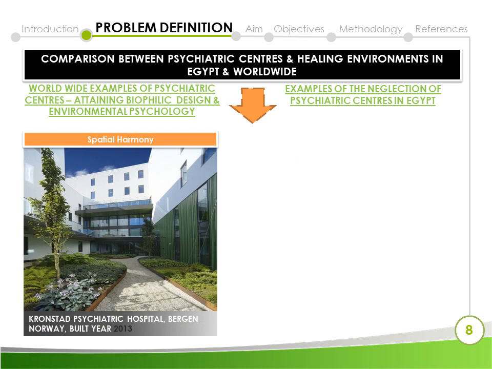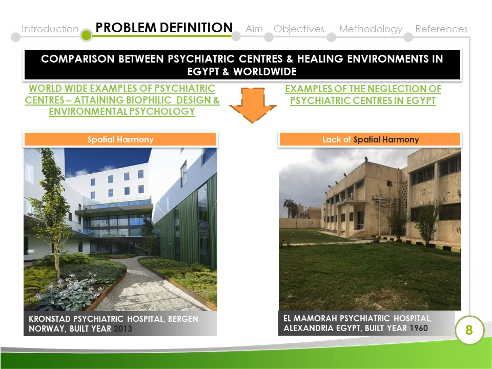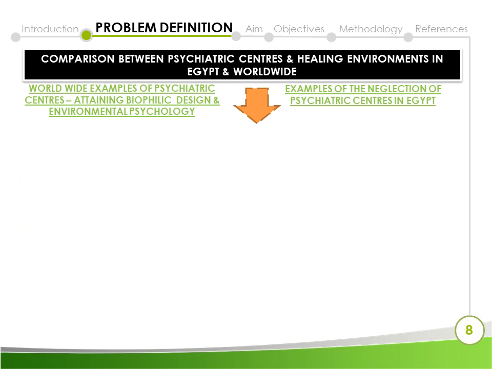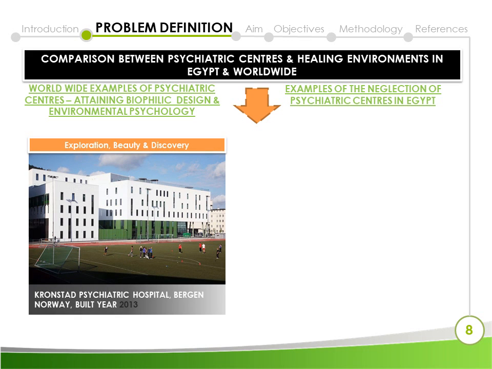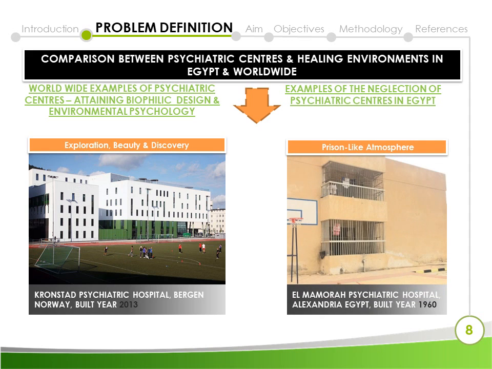It also shows here the spatial harmony within courtyards in the Kronstadt Psychiatric Hospital, whereas a lack of spatial harmony within the open spaces in El Mamoura Psychiatric Hospital. It also shows exploration, beauty, and discovery within the Kronstadt Psychiatric Hospital, whereas a prison-like atmosphere in El Mamoura Psychiatric Hospital.